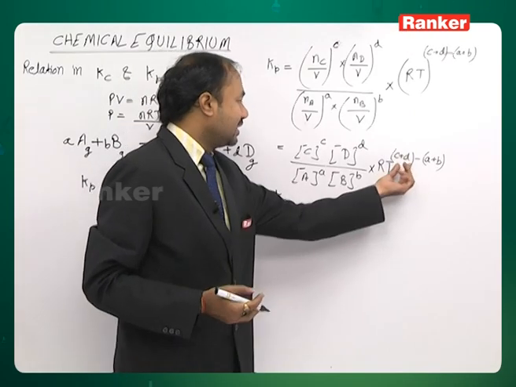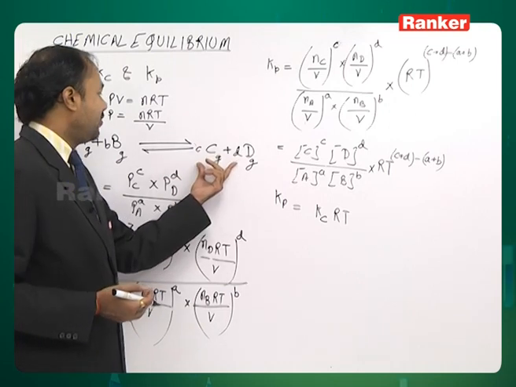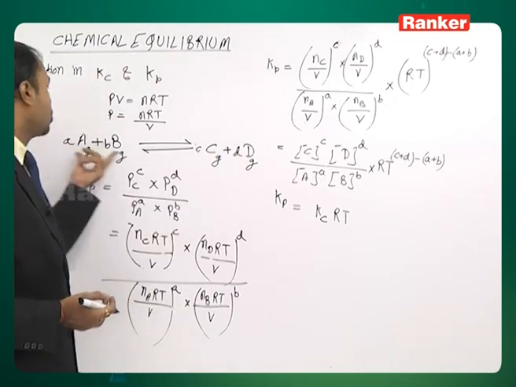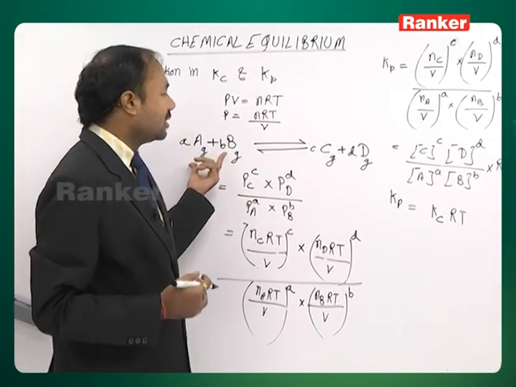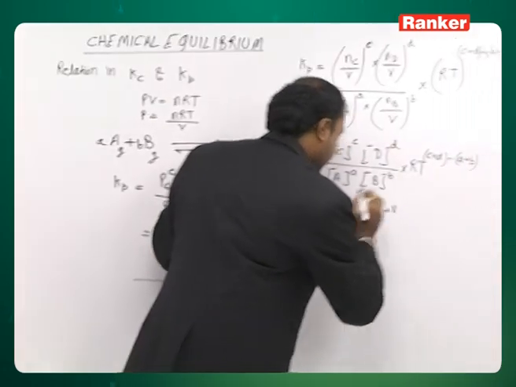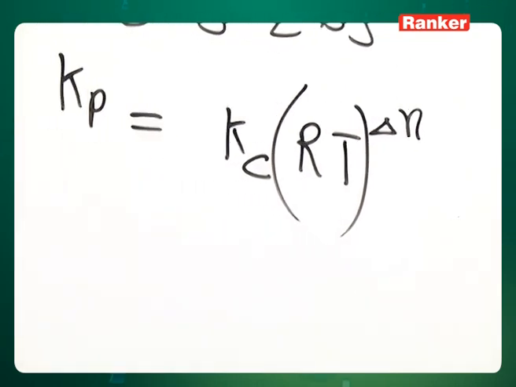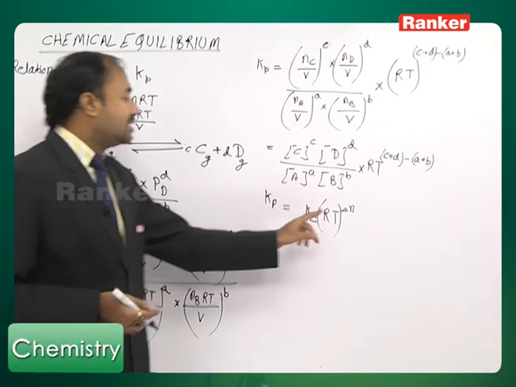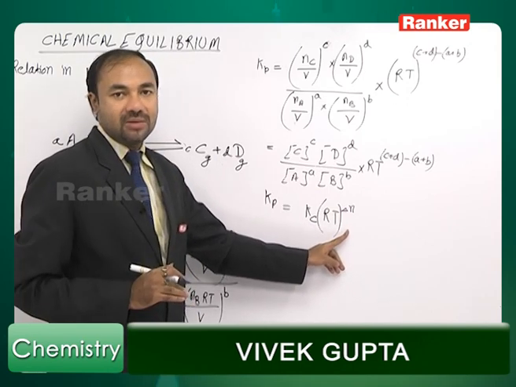If you notice, this exponent is nothing but the stoichiometric coefficients of products minus stoichiometric coefficients of reactants. We can write this as RT whole power delta n, which is the difference in number of moles of products minus reactants. But remember, this delta n must be taken only and only of gases.